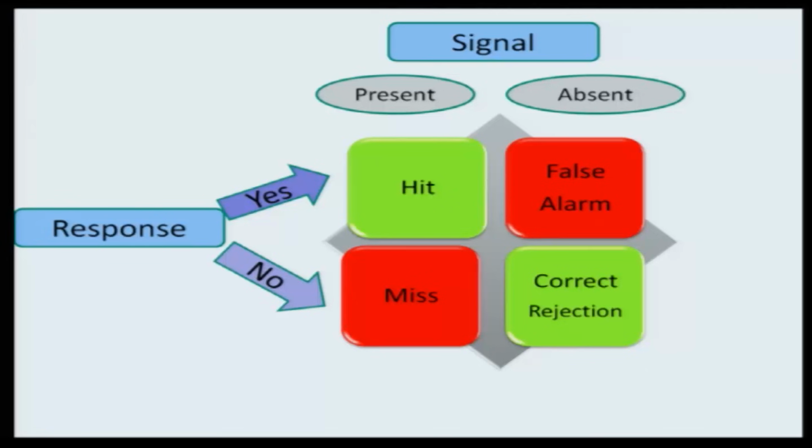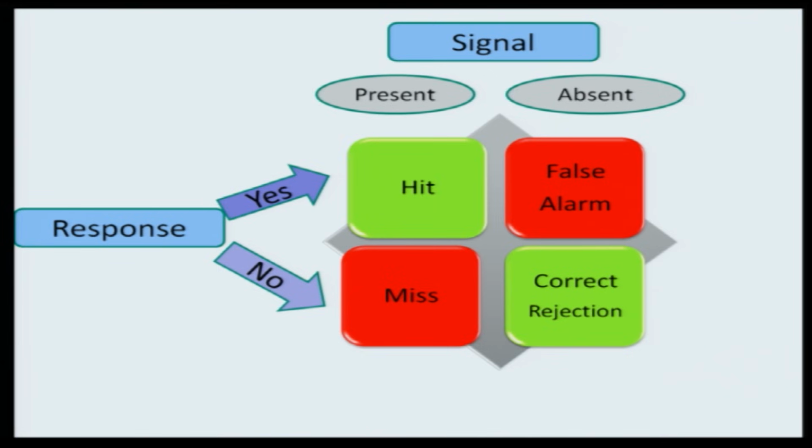You make a grid, a 2 by 2 grid. Whether the signal is present or absent is category 1, and category 2 is the human response, where the operator says yes or no. So yes versus no in terms of human response, presence versus absence in the case of signals.